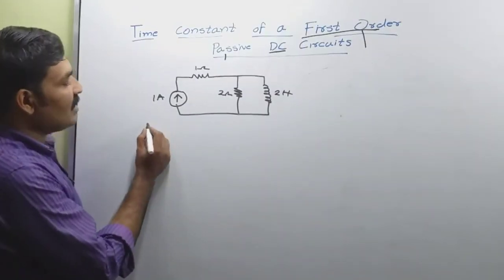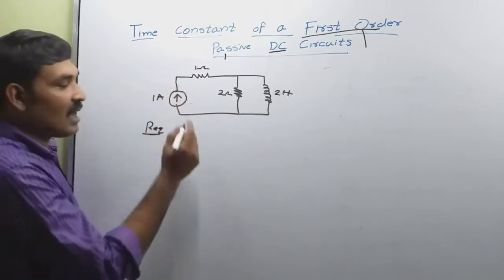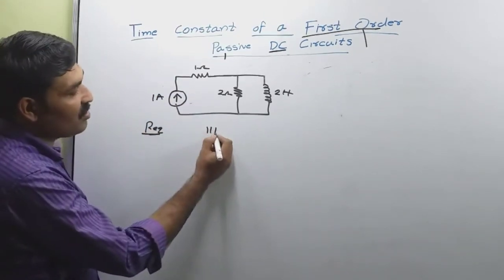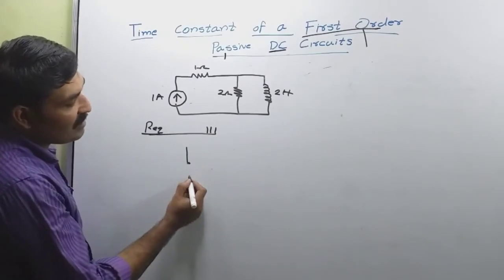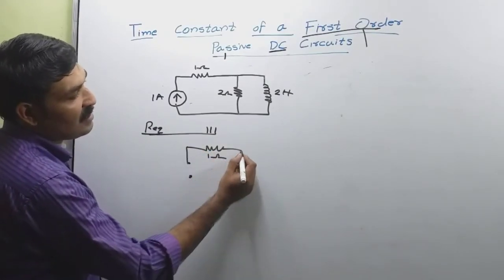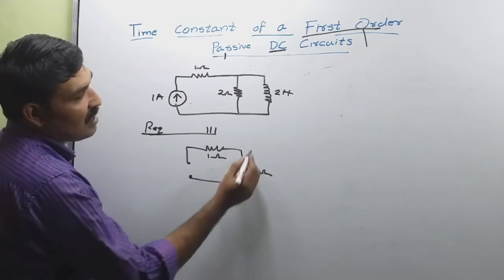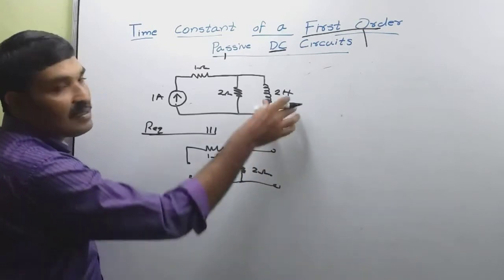For finding R equivalent, we have to open circuit this current source. So in the equivalent circuit, after opening the current source, we have a 1 ohm resistance here, then this 2 ohm resistance, and we disconnect this inductance.